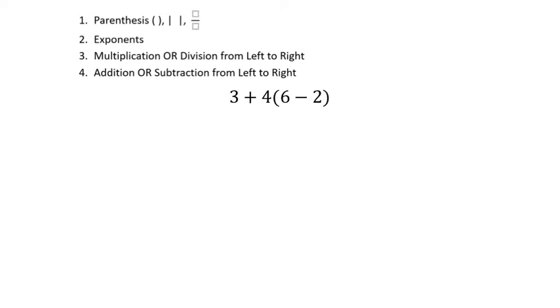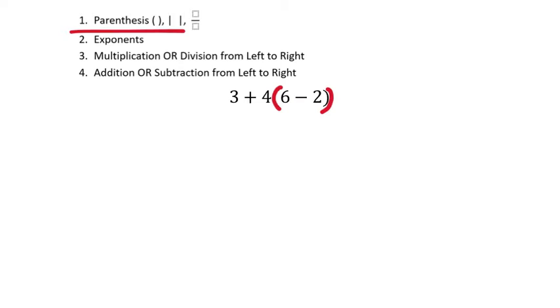Okay. So on this one, we're going to start with our parentheses first, and I see a set of parentheses right here. Now, when I look at these, like I said, it's supposed to organize these problems so that we're only looking at one piece at a time, not multiple pieces at the same time.